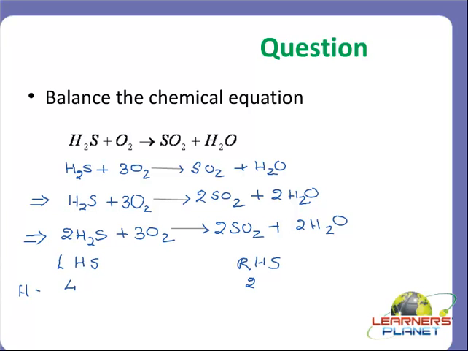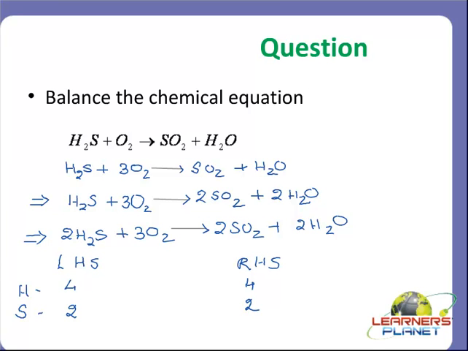It's 4. So I can write 4 here. Now children, what about sulfur? How many sulfur are there on the LHS side? It's 2. And on the RHS side it is also 2. So I'll write 2 and 2.